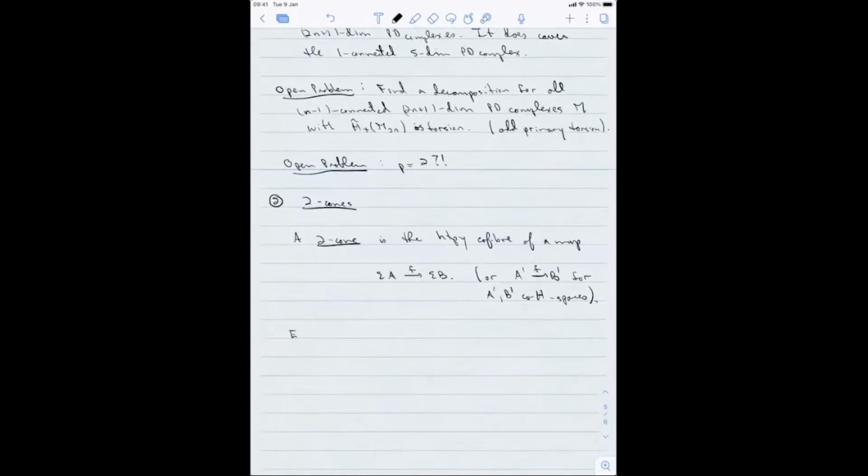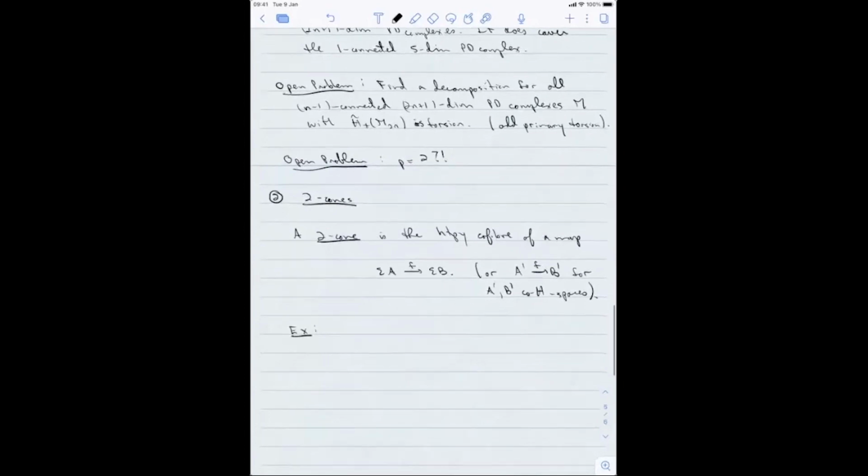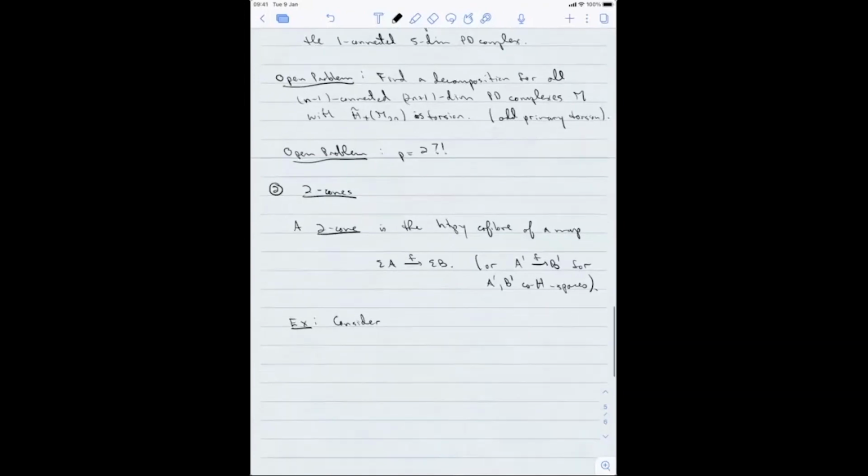So for example, an example we've been talking about is many of these Poincaré duality complexes. So these n-1 connected 2n dimensional Poincaré duality complexes, right? You had a 2n-1 sphere attaching to a wedge of n spheres to produce the Poincaré duality complex, and that's exactly a two cone.